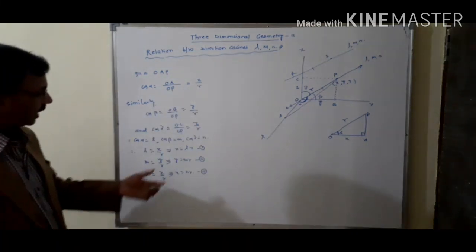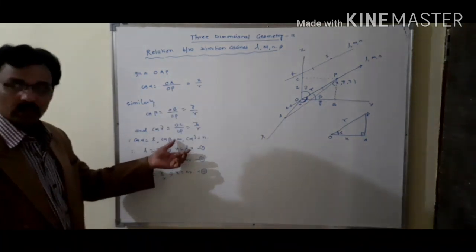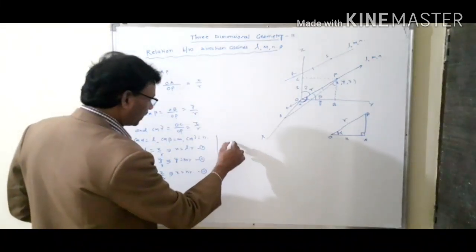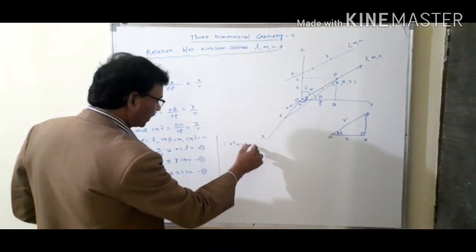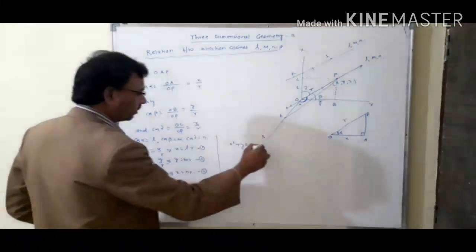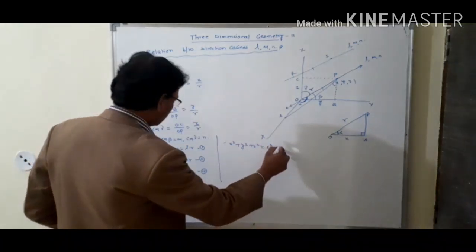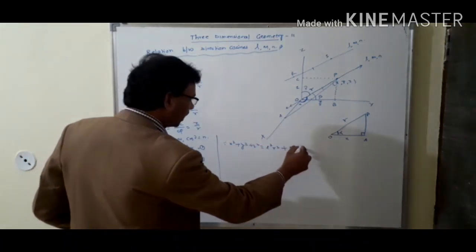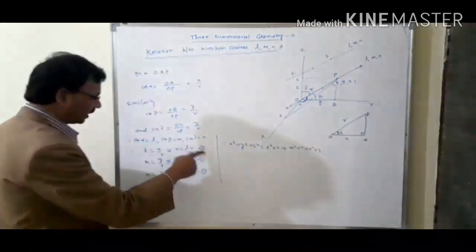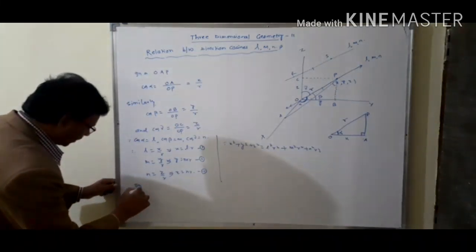Now squaring and adding equations 1, 2 and 3, x square plus y square plus z square equals l r whole square plus m r whole square plus n r whole square, that means l square r square plus m square r square plus n square r square.